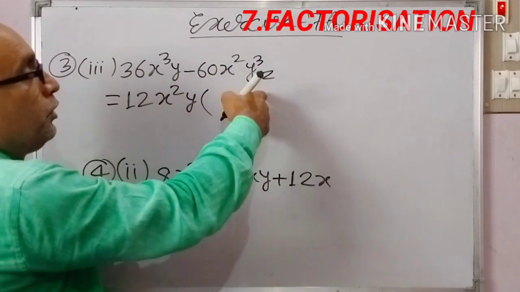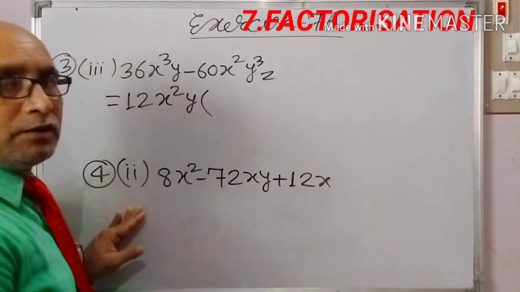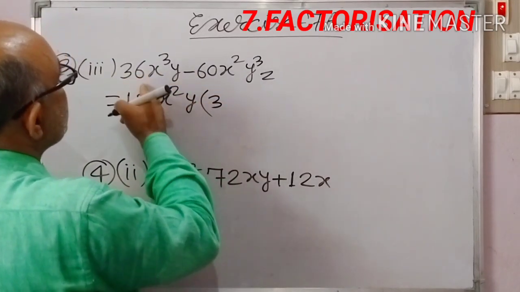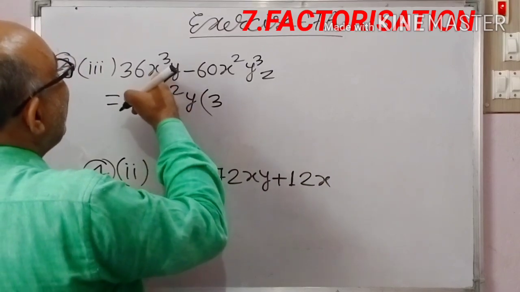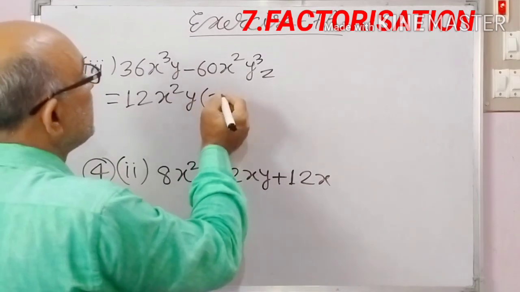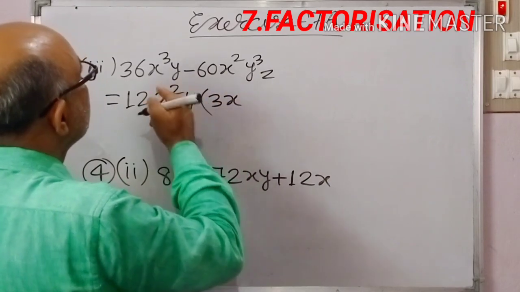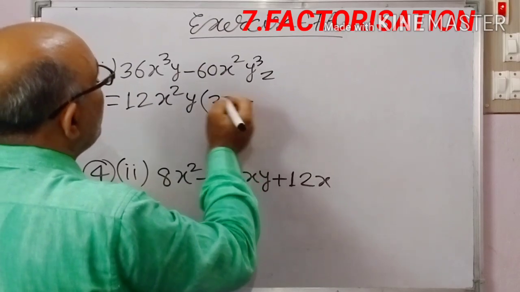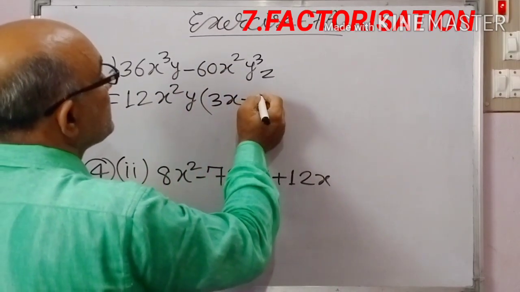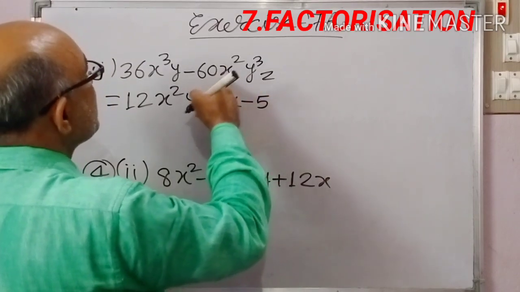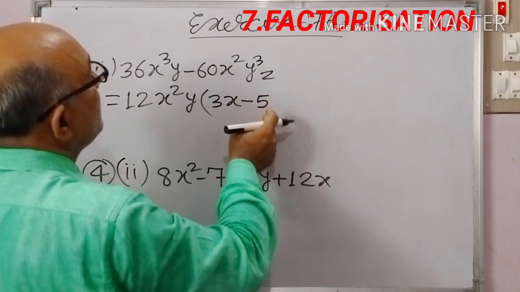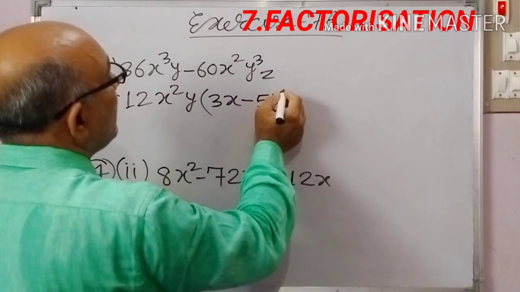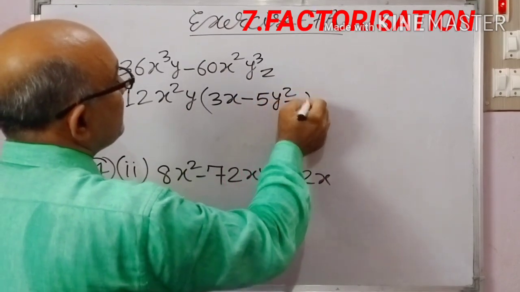Z is not common, z is not in both terms. So 12x square y is common. 12 into 3 is 36, remaining 3. In x cube, x square is common, so x is left. In y, nothing is left. Minus 12 into 5 is 60. In x square, x square is common, nothing left. In y cube, y is common, so y square is left, z. Answer.